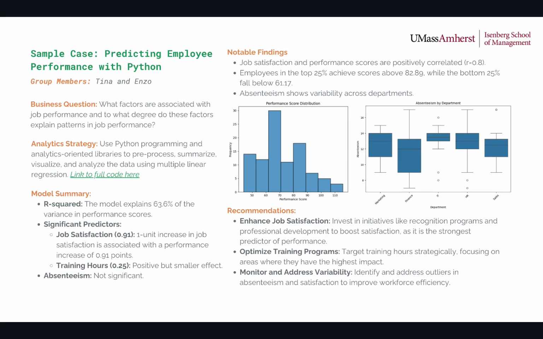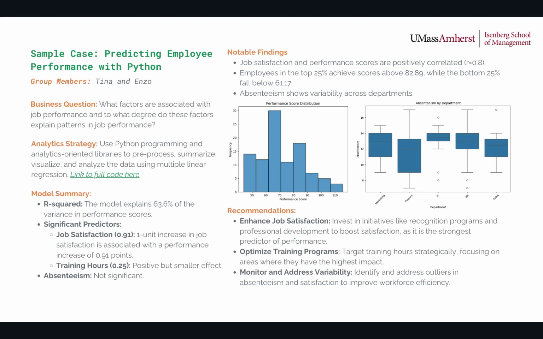So we want all of that to be aligned. So for example, if you say something like in the recommendations section, you say that you should invest in initiatives like recognition programs and professional development to boost satisfaction, as it is the strongest predictor of performance. The viewer should know where that's coming from.